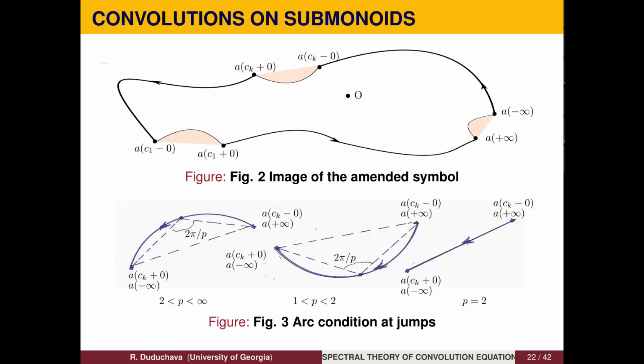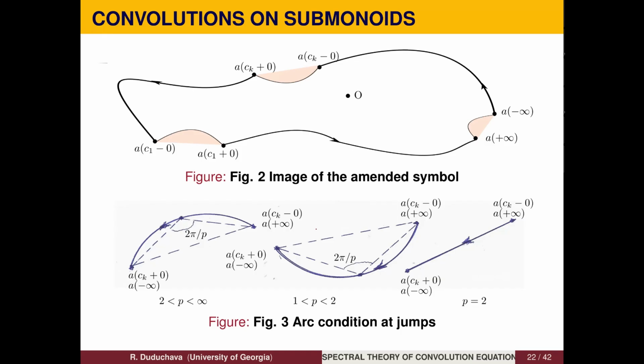Maybe some of you remember such a procedure for singular integral equations with discontinuous symbols in L^p, which is due to Widom, Gohberg, and Krupnik. They defined such an amended symbol for singular integral operators.